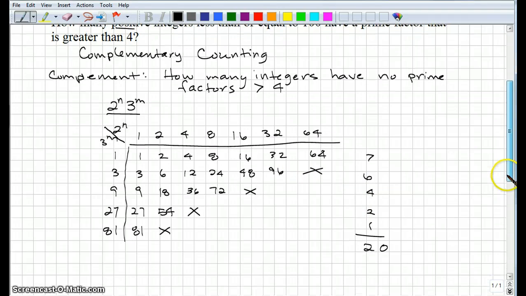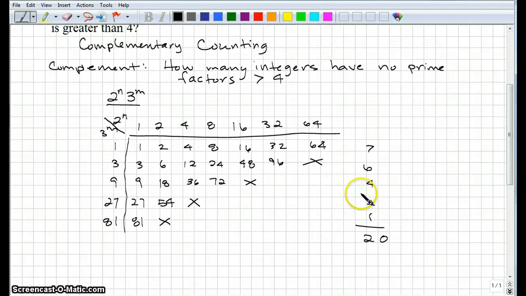So any other numbers between 1 and 100 that are not of this form are going to have factors greater than 4. Okay? So we know we have 100 numbers between 1 and 100.